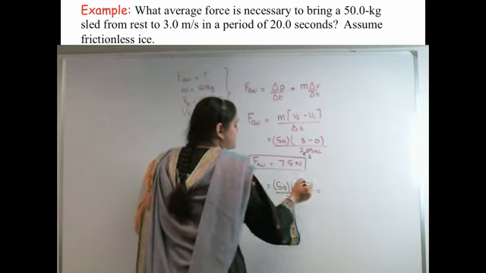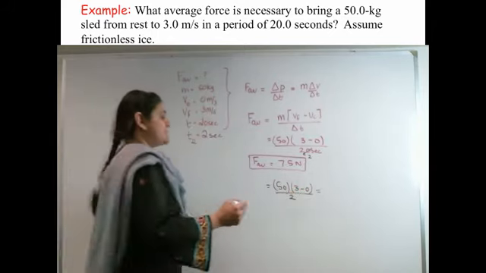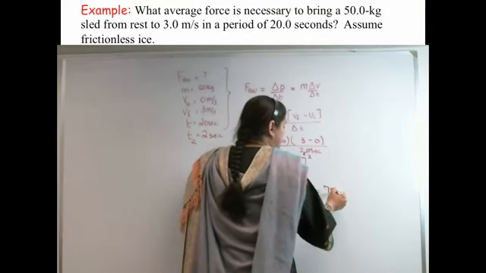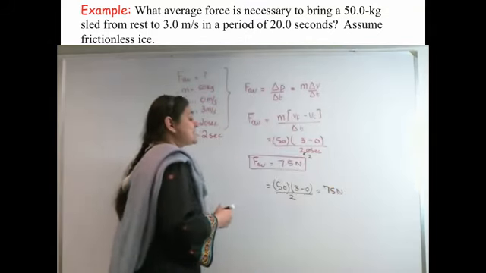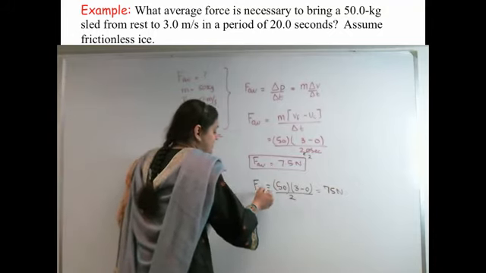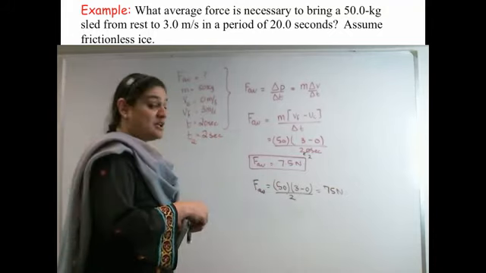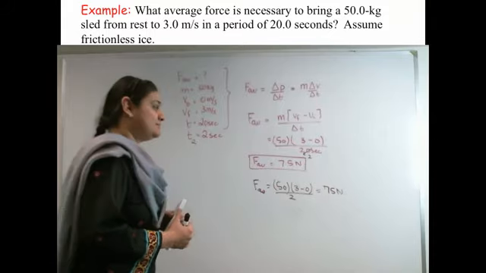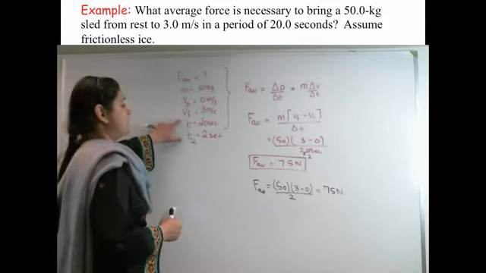And what would your answer be? Yes, 75 newtons. So you have just increased the amount of force needed in order to accelerate it by 10 times. So it all depends on the time that you are allowed.